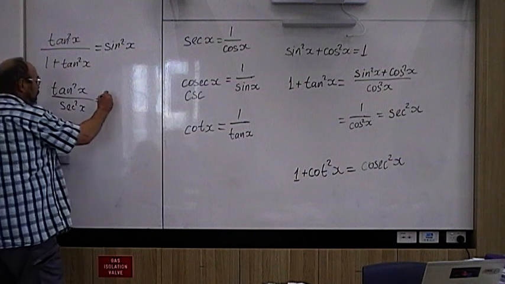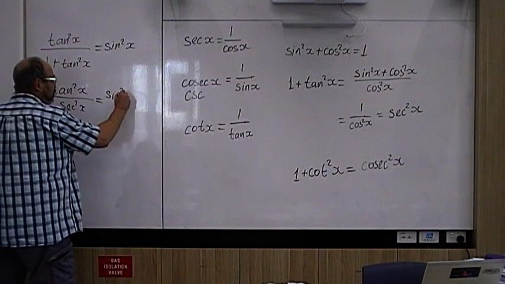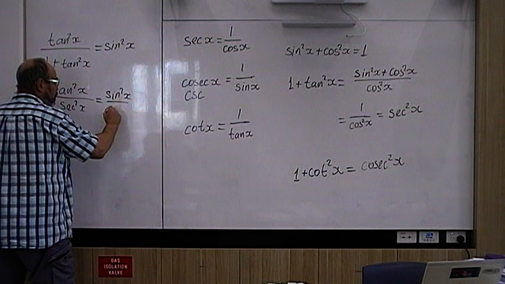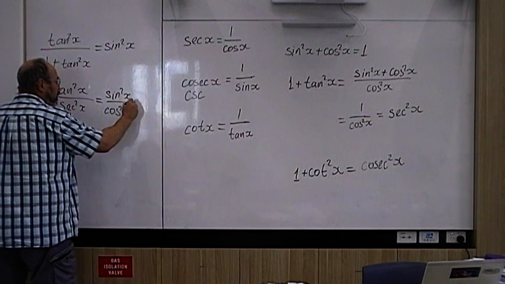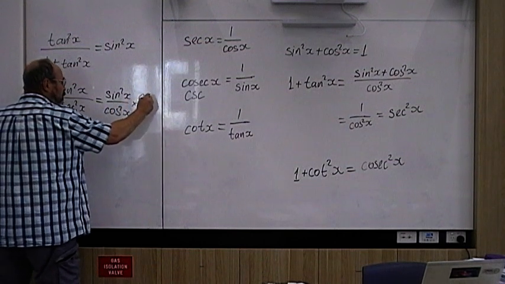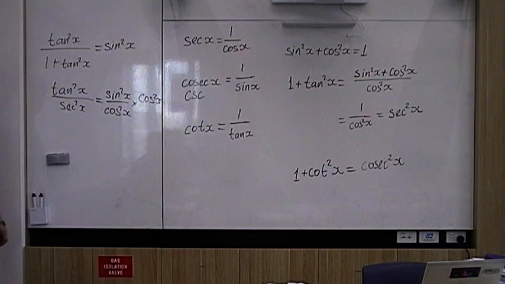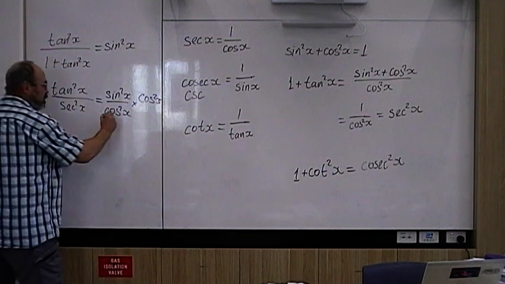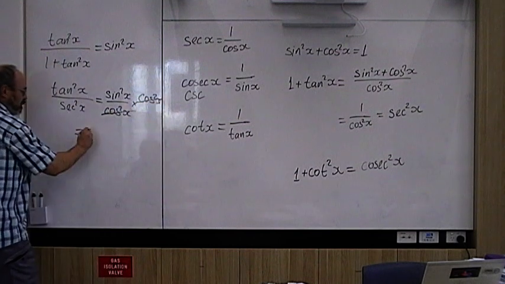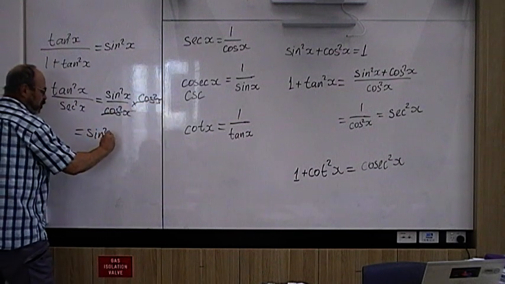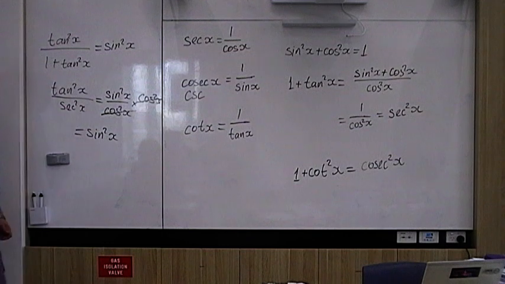So we will get sine squared x over cos squared x times cos squared x, because dividing by 1 over cos squared is multiplying by cos squared. It cancels out, equals sine squared x, which is what is required. Make sense?